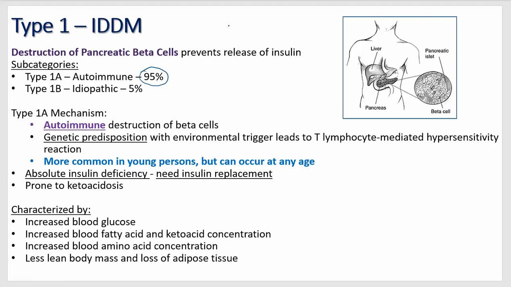Okay, so when we think of T cells, especially cytotoxic T cells, they look at something called MHC.